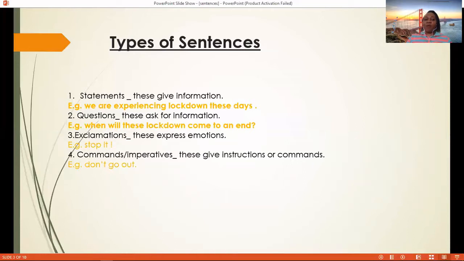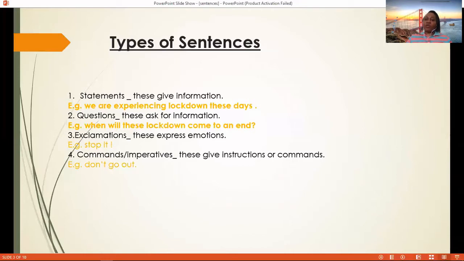Our number 4, the type of sentences on number 4, commands or imperatives. These give instructions. When you give an instruction, that is yet another type of sentence. For example, don't go out.